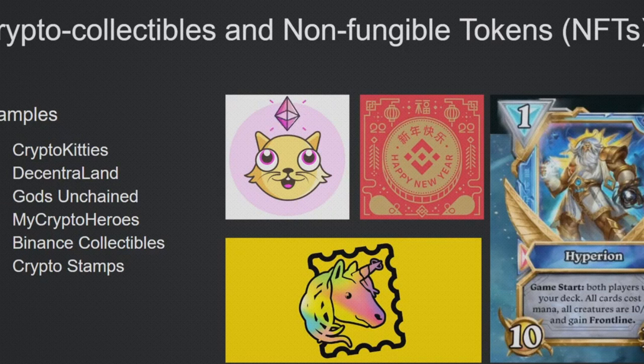And lastly, an interesting one is crypto stamps, which are issued by the Austrian Postal Service. This is the unicorn you can see on the slide here. These work just like any other stamp. You can transport mail with them, but they double up as digital images stored in the Ethereum blockchain. So that's kind of a fun way of mapping the real world to the digital world.